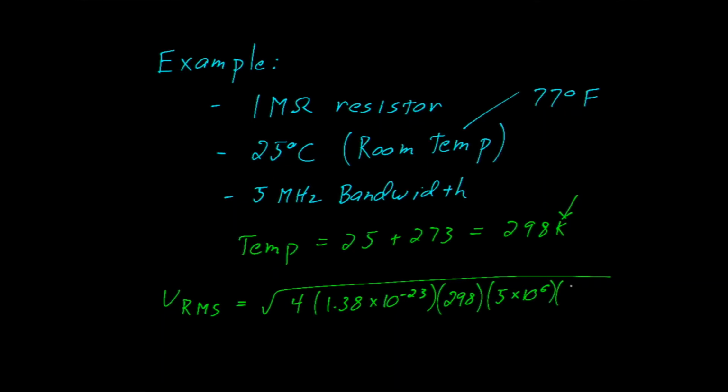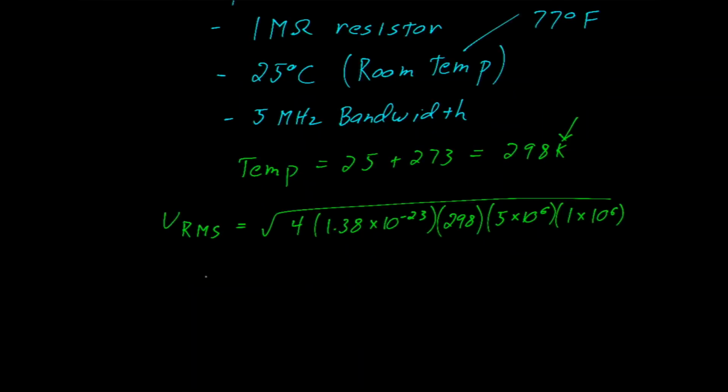And our resistance is 1 million ohms. The resulting RMS voltage is approximately 290 microvolts, which certainly doesn't sound like a lot, but if that was on the front end of the receiver, I don't think you would hear anything but noise.